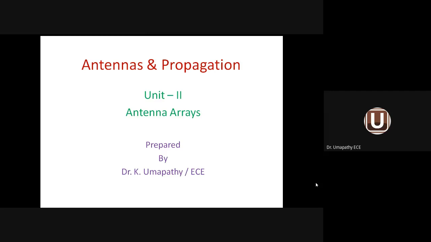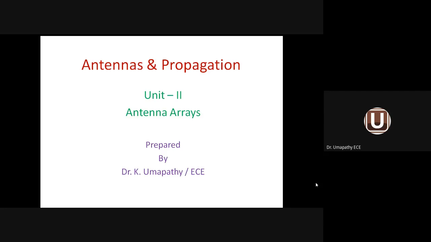So that question is very important. You have to become thorough with those two derivations. If you understand the course of derivation, things will become very easy. So definitions of antenna parameters, radiation from oscillating current element, radiation from half-wave dipole, and folded dipole are the topics we have discussed under unit 1.